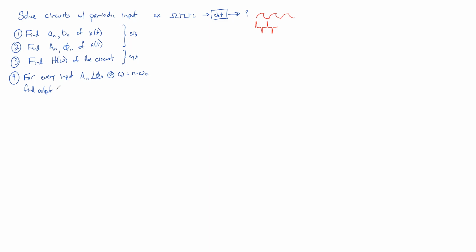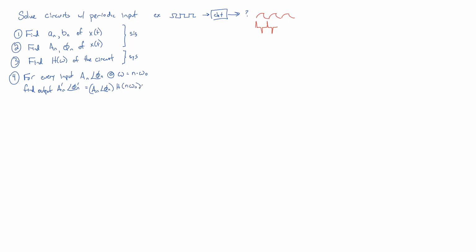And I'm going to label the output using the same kind of notation, but I'm going to put in a prime symbol in there just to show that's our output. And you find it pretty easily. It's just equal to our input times our H at n omega naught.